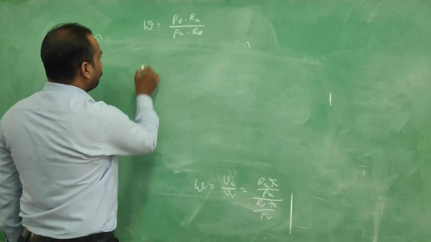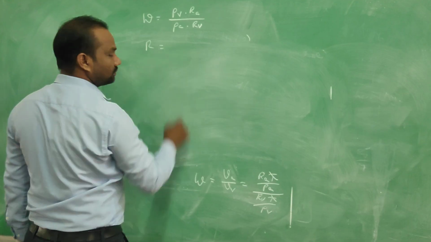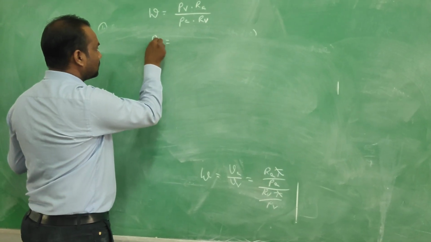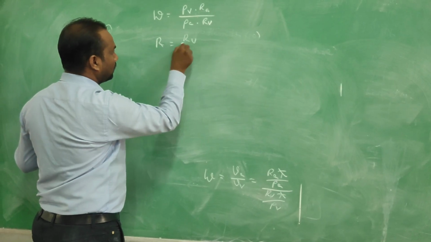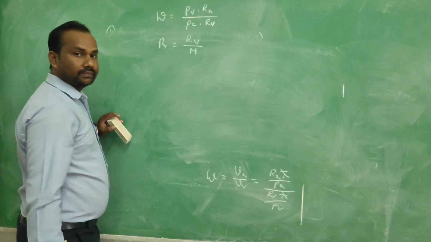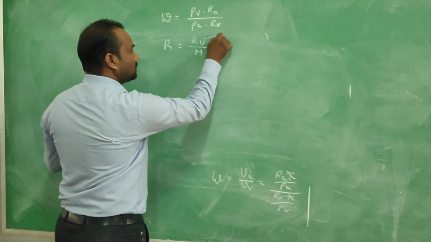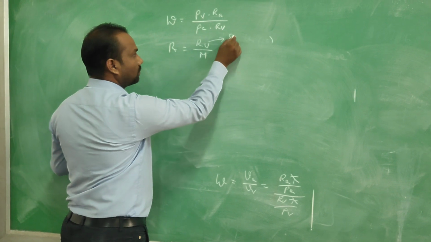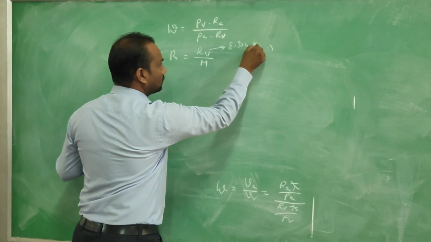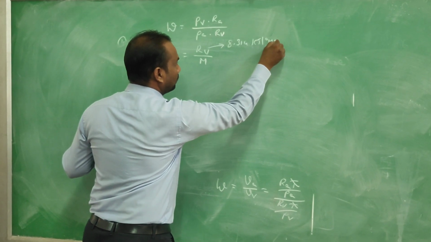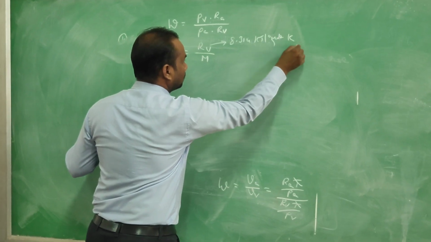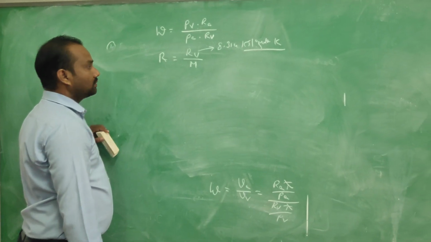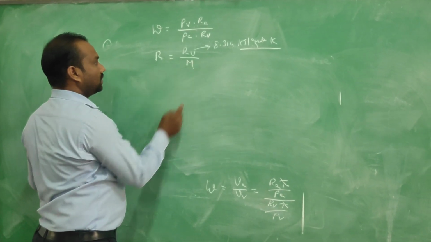We know the gas equation PV equal to mRT. Similarly, the characteristic gas constant R is given as RU by capital M, where RU stands for universal gas constant, which is 8.314 kilojoule per kilomole Kelvin, whereas M is called the molecular weight of the gas element.